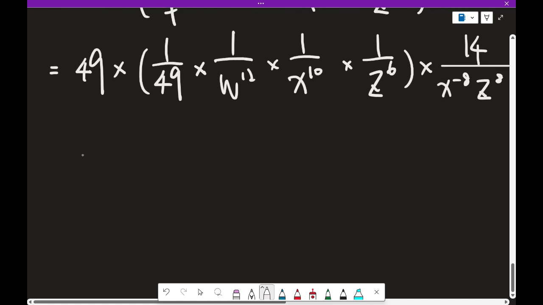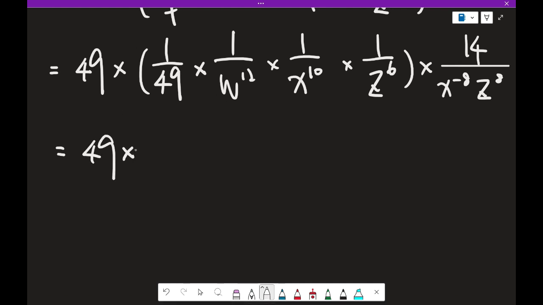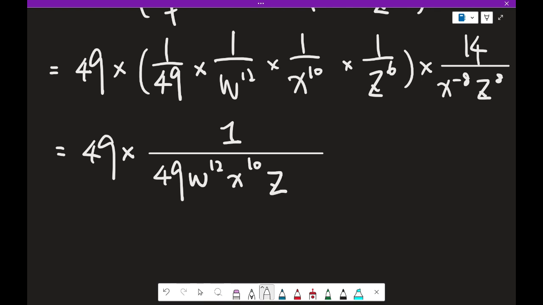Okay, so now we can put all these things into a single fraction again. So numerator multiply together, which is just 1, because 1 times 1 times 1 times 1 is 1, and 49 w to the power of 12 times x to the power of 10 and z to the power of 6, and times the thing right here.